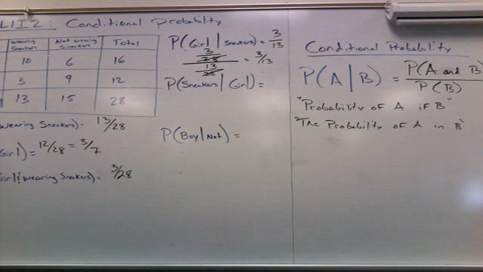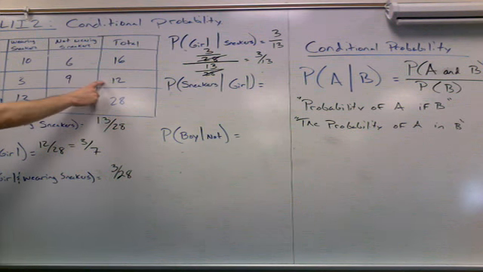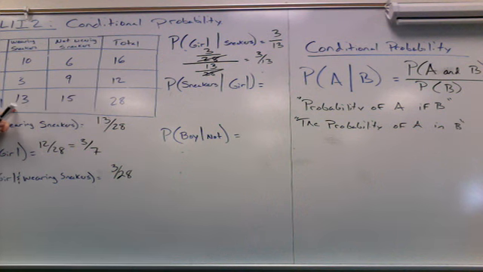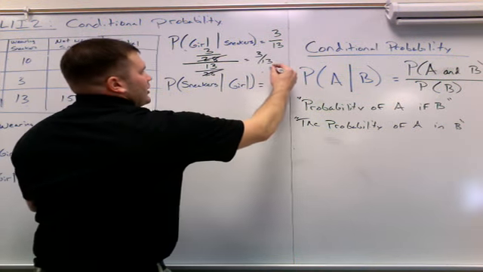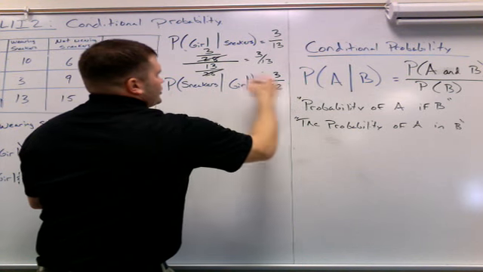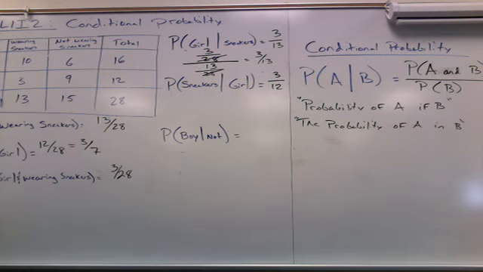How many girls are there total? 12. Different than 13, isn't it? How many girls are wearing sneakers? 3. So is this probability 3 out of 13? No, it's 3 out of 12. So does the order we write them matter? Yes, because we get different answers.